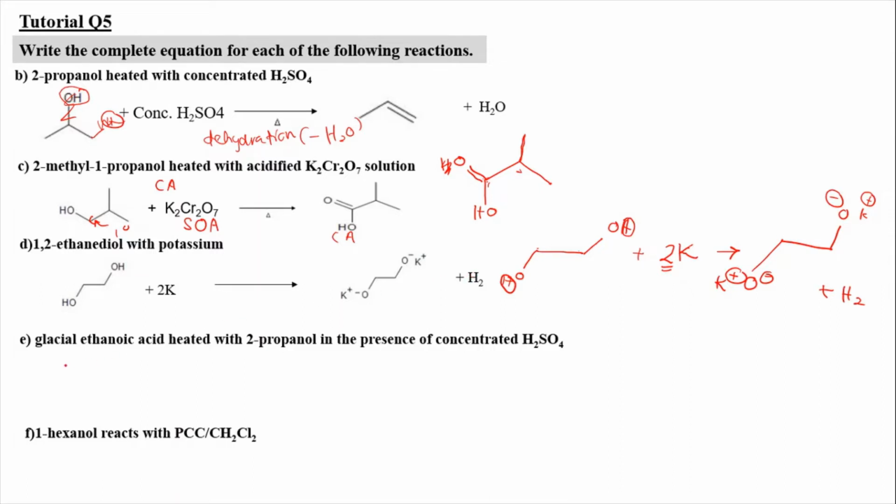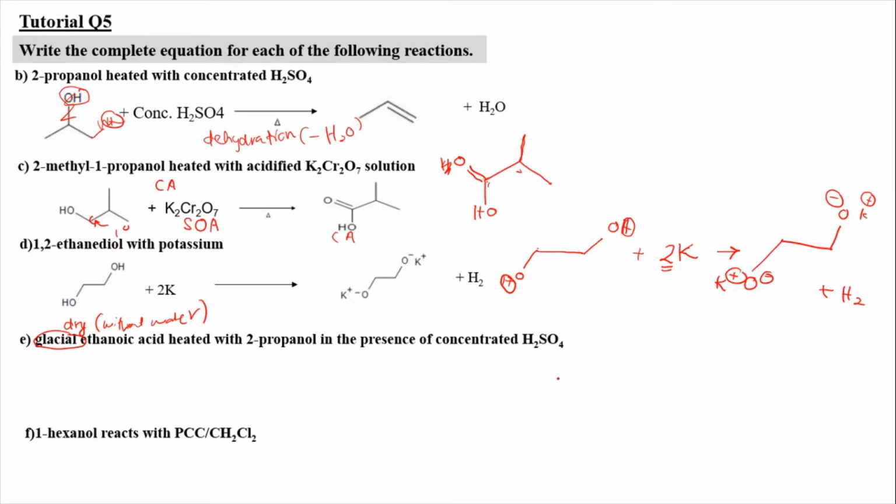Okay, and then for 5E, we have glacial ethanoic acid, which is heated with 2-propanol in the presence of concentrated H2SO4. So glacial here doesn't really affect much on the reaction. Glacial here refers to a dry ethanoic acid, or without water. So it is purely an acid, which is ethanoic acid.